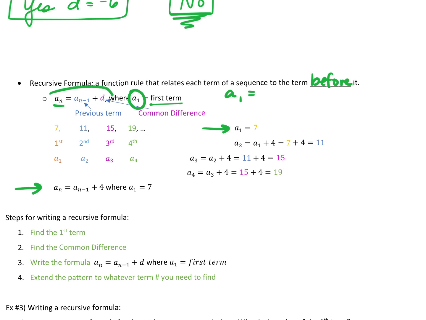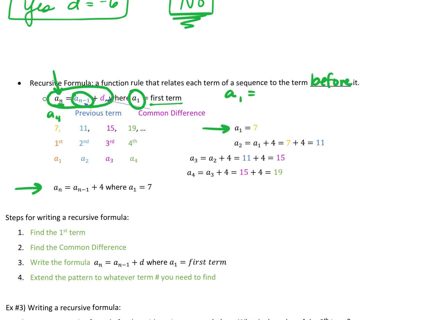Then you'll get this, and this is more what's going to tell you what to do. This is the term you're looking for, A sub n. So let's think about this. If I said A sub 4, which term am I looking for? The fourth term. Now go here. A sub n minus 1.